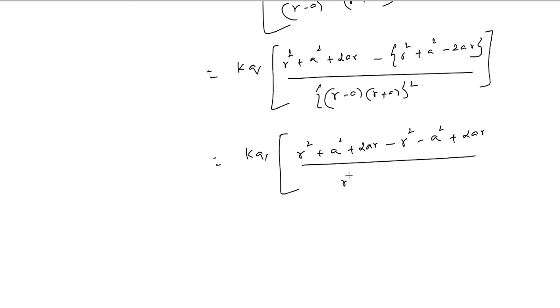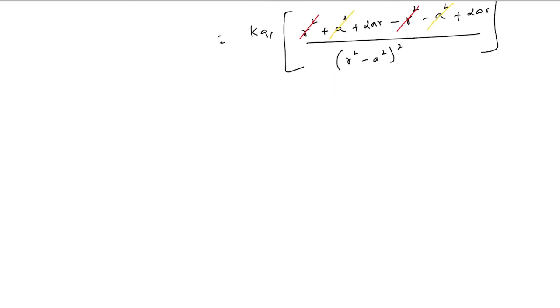So it becomes R square minus a square. There is the whole square also, because this term would be (R square minus a square) the whole square. From here, R square gets cancelled and then a square gets cancelled. So what remains would be kQ into 4aR by (R square minus a square).